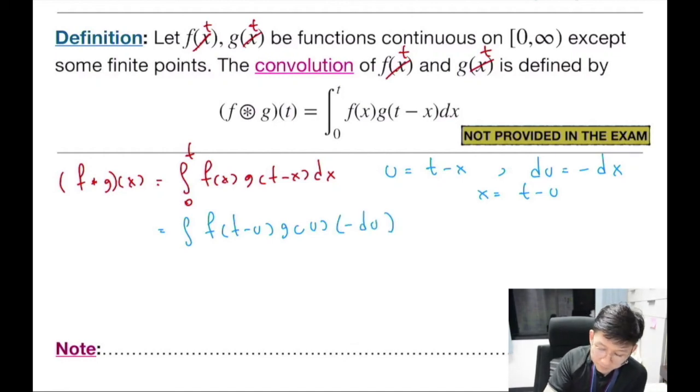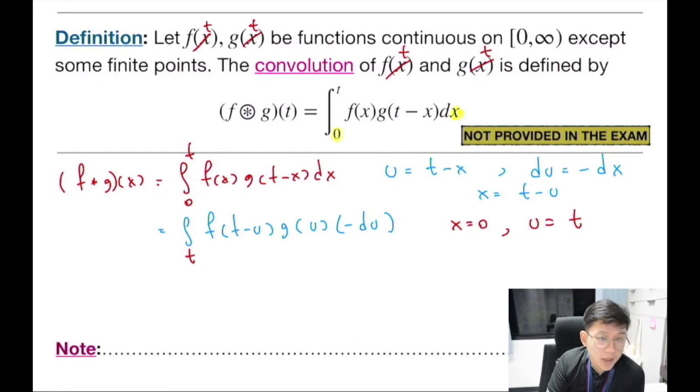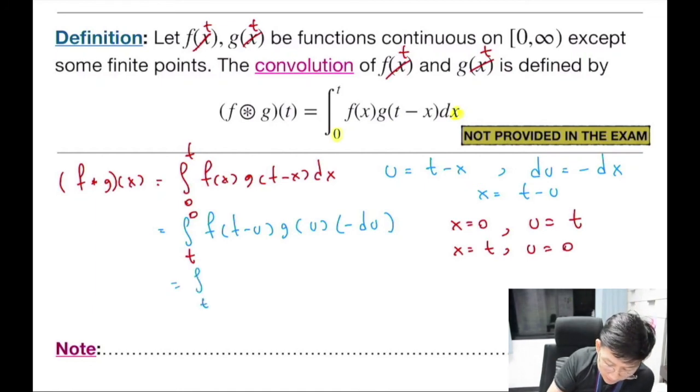Then if x is 0, it means that u is actually t, so the integral starts from t. And if x is t, you have that u is 0. So it's the integral from t to 0 of f(t minus u) g(u) du, and you have a minus here.